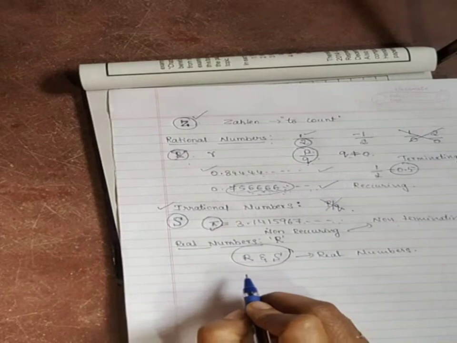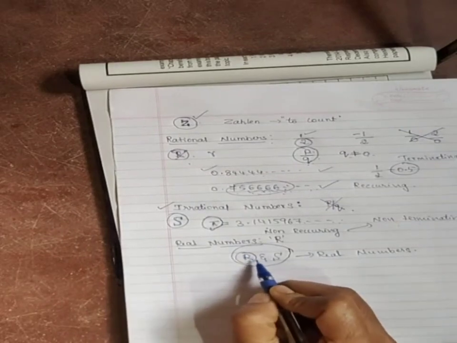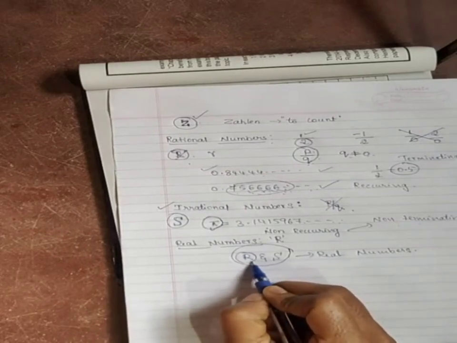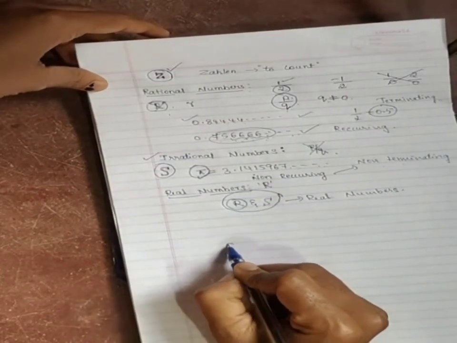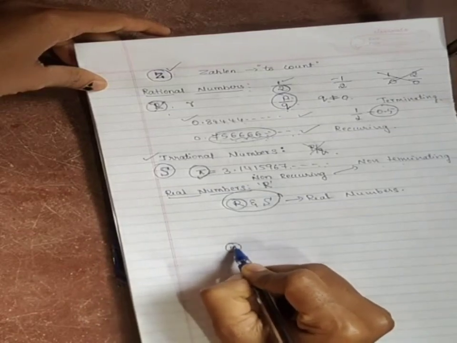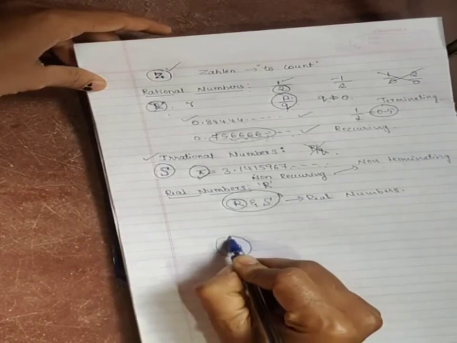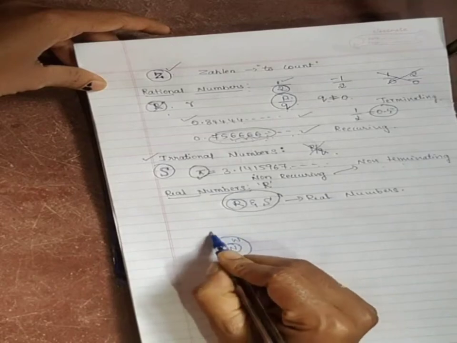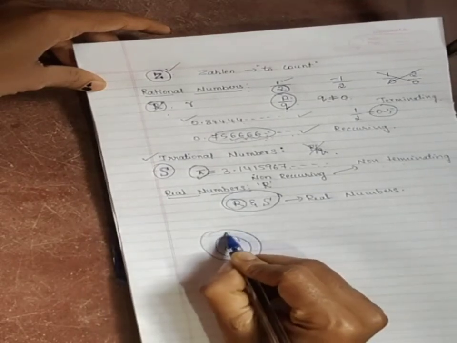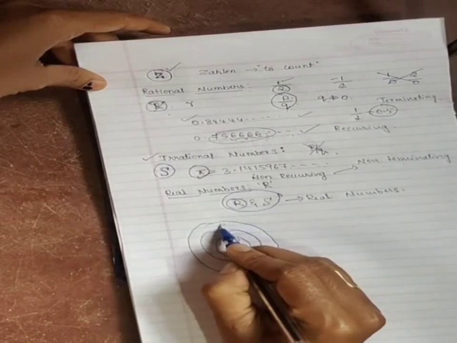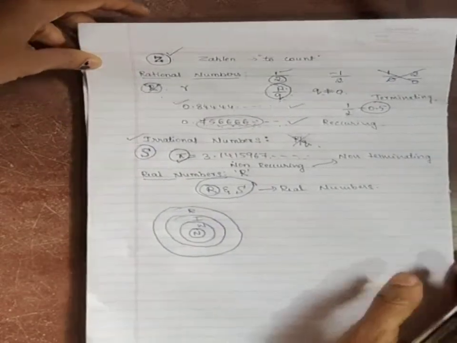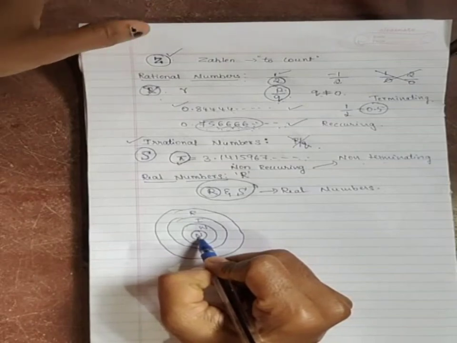Okay. Now, the rational numbers. Rational numbers contain first natural numbers, next whole numbers, next integers, and after that the rational numbers. Natural numbers are 1, 2, 3, 4, and so on.